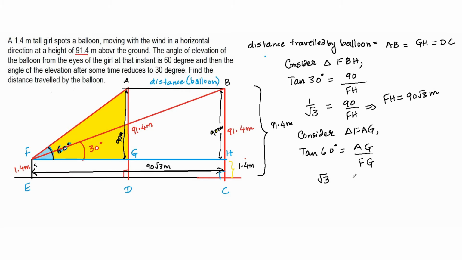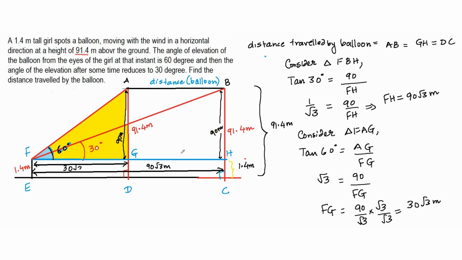And tan 60 is root 3. So root 3 is equal to AG, which is 90, divided by FG, which means FG is going to be 90 divided by root 3. And if you multiply and divide by root 3, you will get 30 root 3 meters. That means this particular horizontal length, the length FG, is therefore equal to 30 root 3 meters.